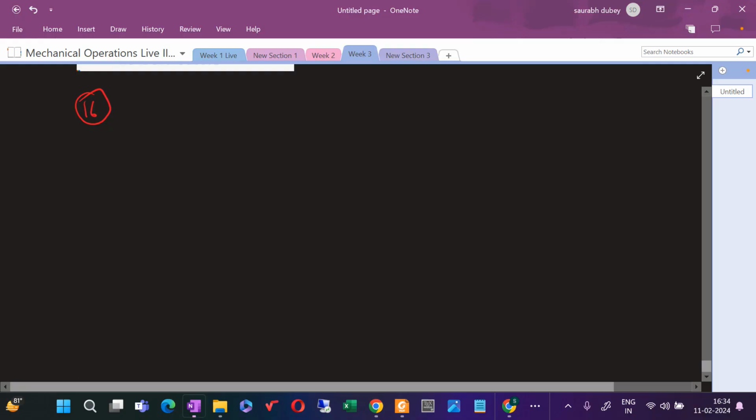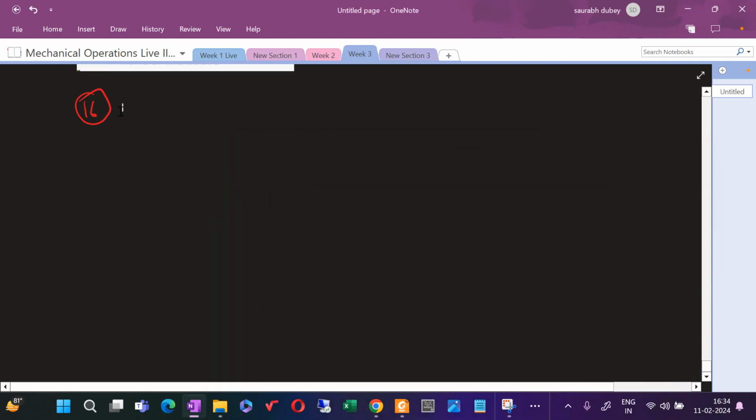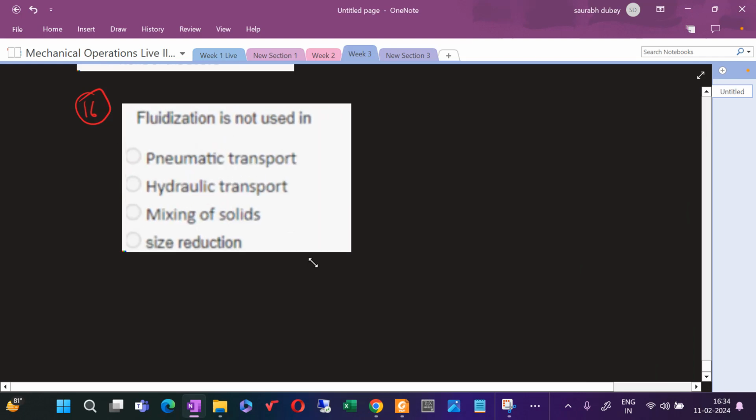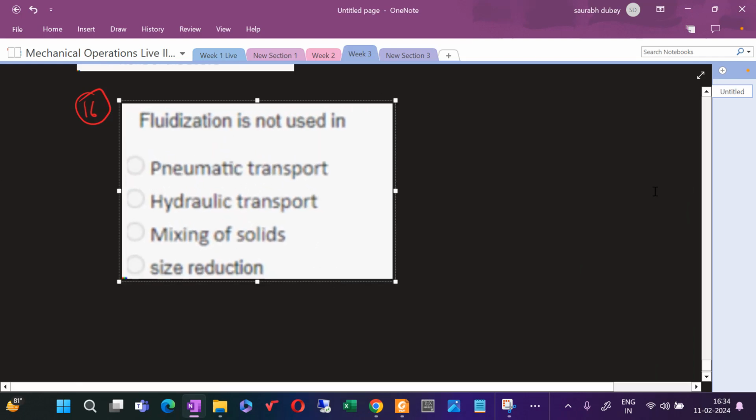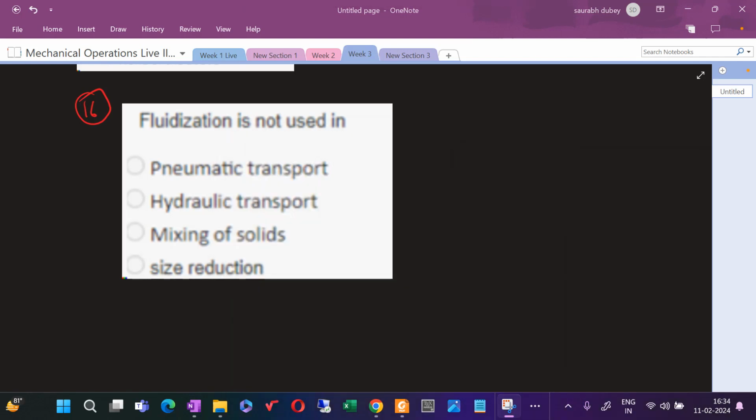The options are pneumatic transport, hydraulic transport, mixing of the solid, and size reduction. So for which is it not used?